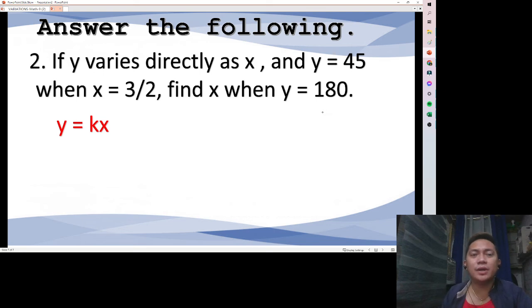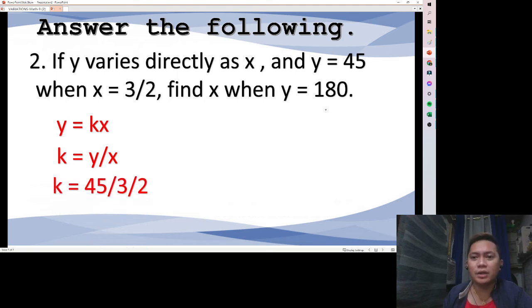So, y is equal to kx. To find k is equal to y over x. Your y is 45 divided by 3/2. To divide the fraction, we can use the reciprocal process. Baliktarin mo yung 3/2, magiging 2/3.